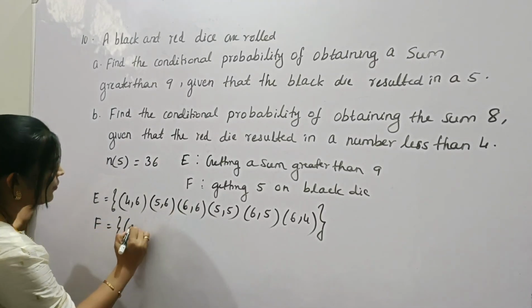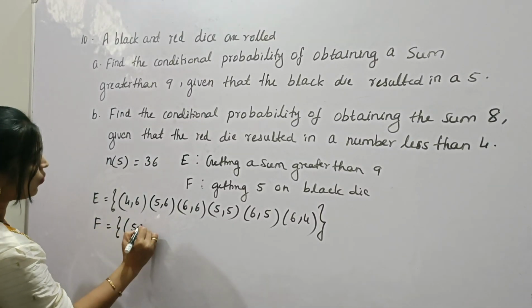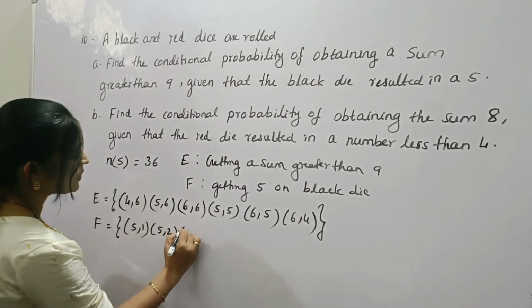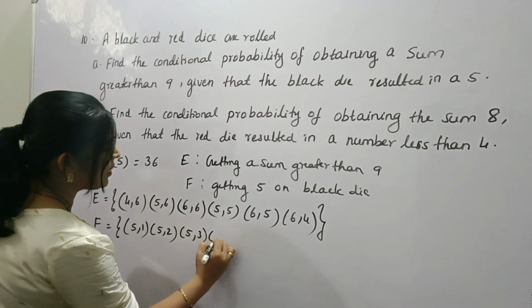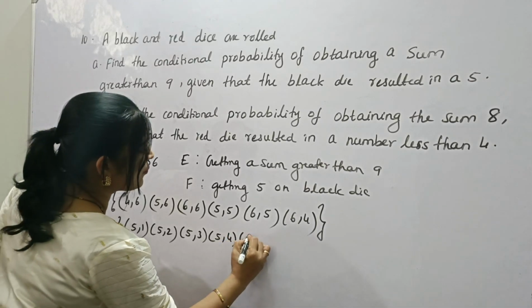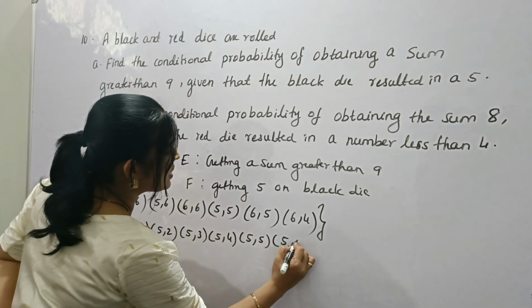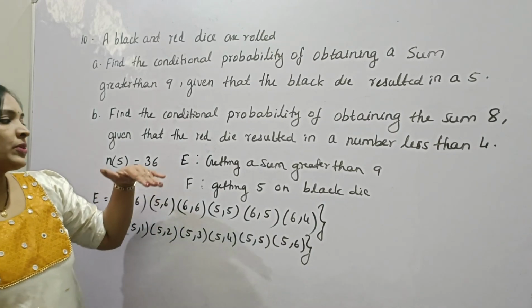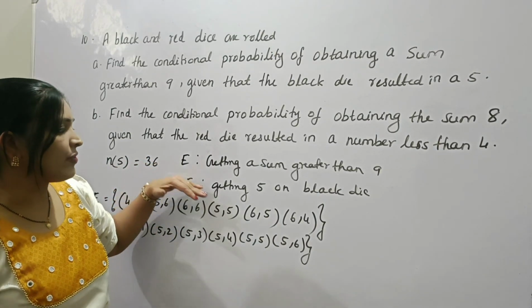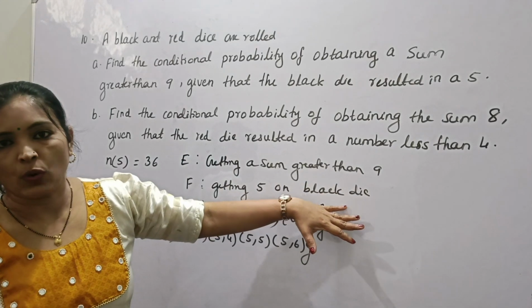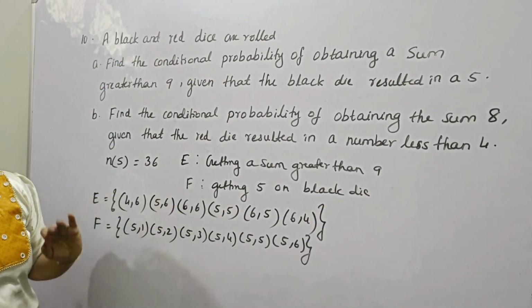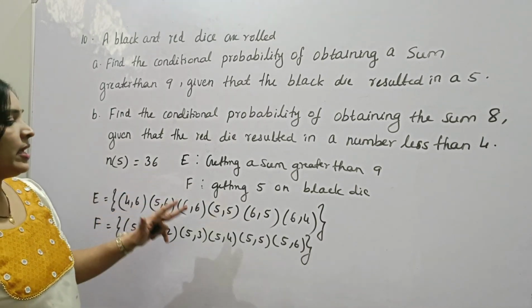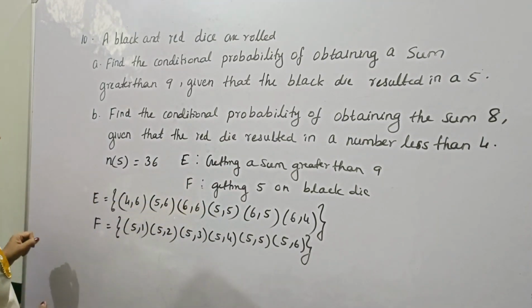So here 5, 1; 5, 2; 5, 3; 5, 4; 5, 5; 5, 6. 5 should be the first number because our event F is the event getting 5 on black die. So we throw the black die first.